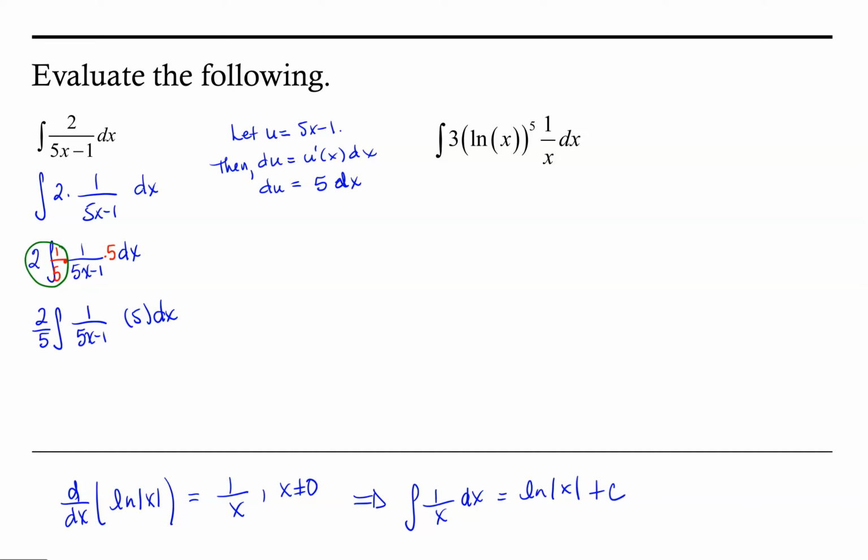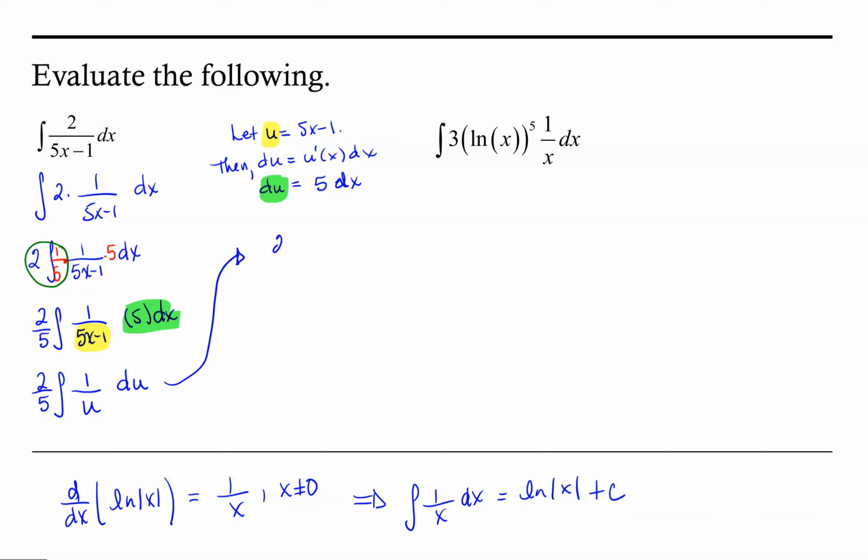Now I can replace my 5 dx with du, and my 5x minus 1 with u. So now my integral looks like 2/5 the antiderivative of 1 over u du.